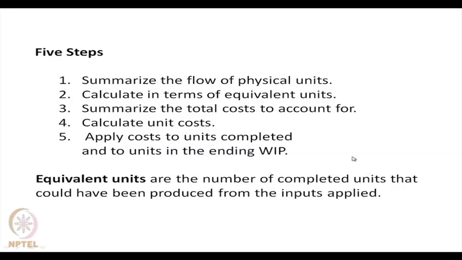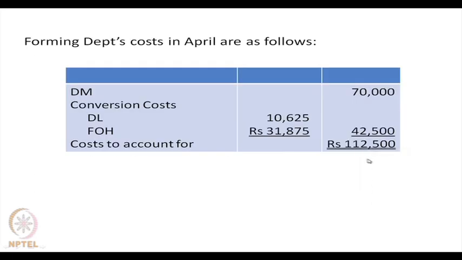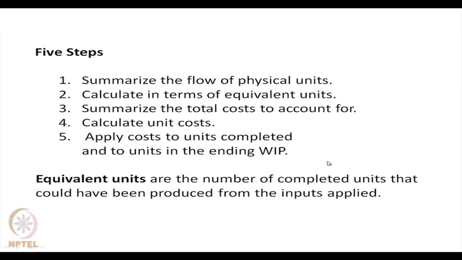Now, to account for this 112,500 rupees, we normally consider 5 steps in process costing, and they are the following. First of all, summarize the flow of physical units. Calculate in terms of equivalent units. We have defined equivalent units are the number of completed units that could have been produced from the inputs applied.